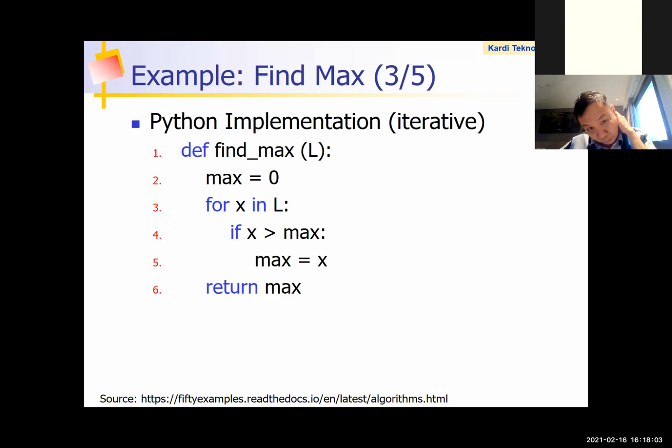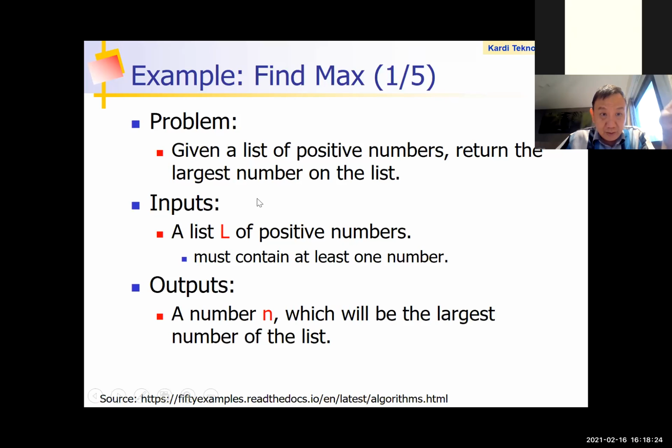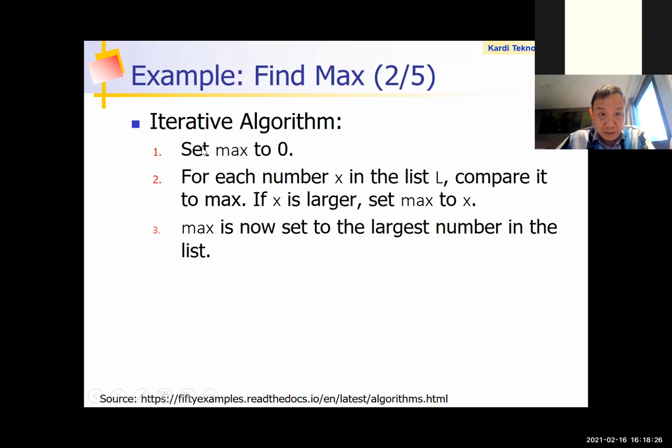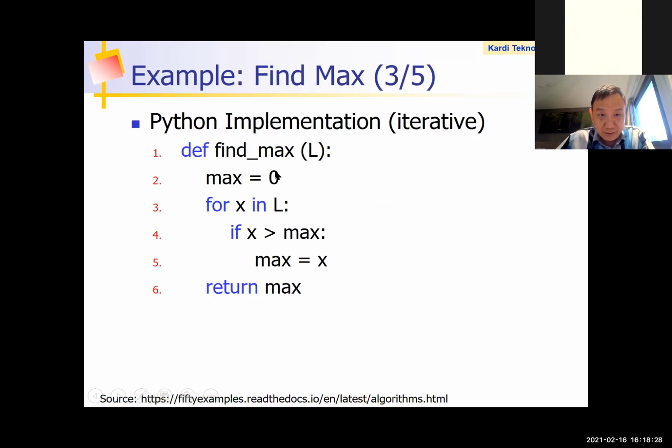When you put it into Python, you see here, number one is the definition of the function find max with input L. L represents list, right? And then set max to 0. So you say max equals 0.